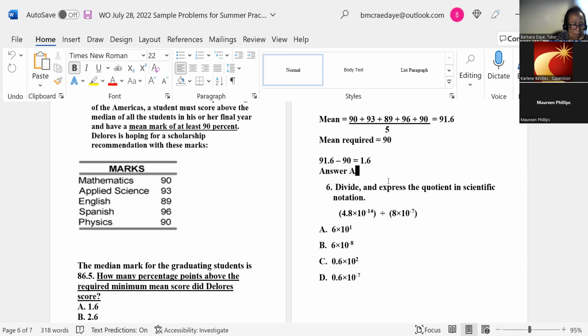I divide 4.8 by 8, and what did you get? 4.8 divided by 8 is 0.6. Okay, and then.